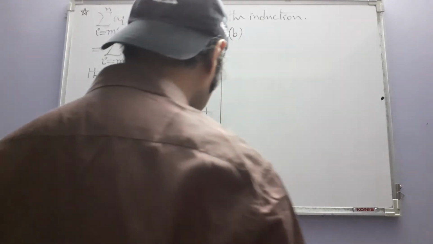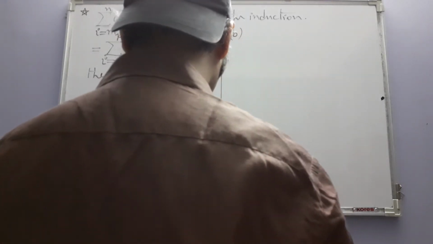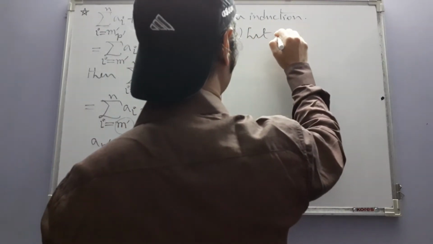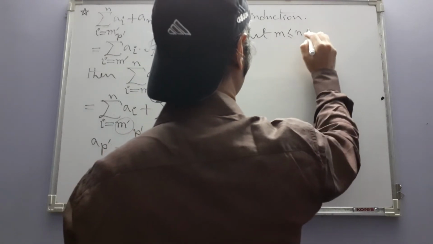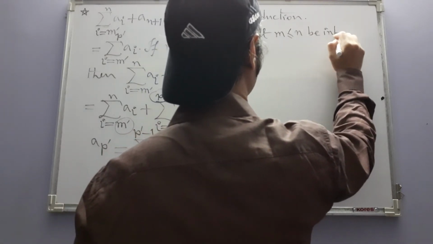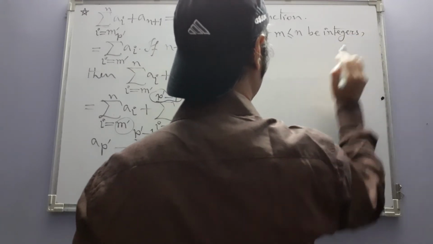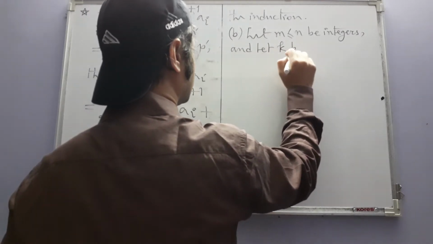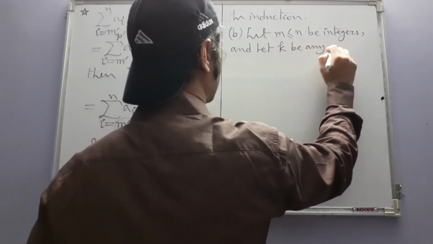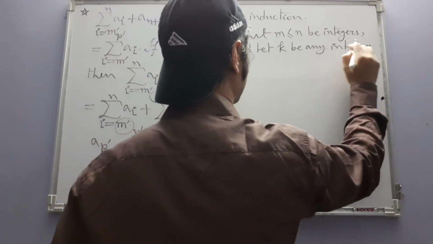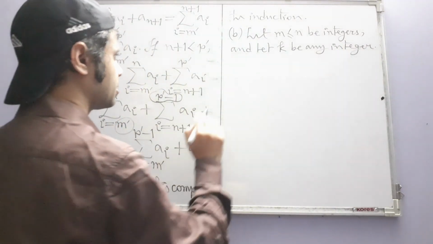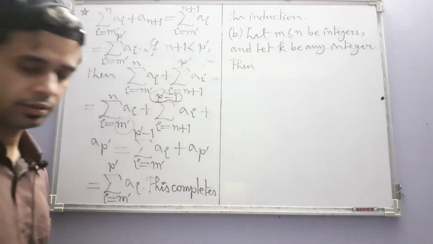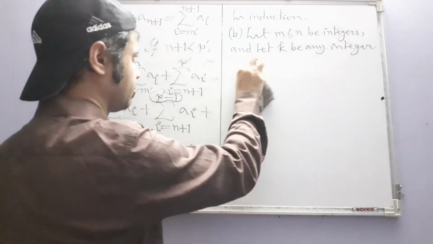Now next, part B. The statement of part B is this: let m less than or equal to n be integers and let k be any integer. Then this part claims, oh okay, we need the a_i's also, no?